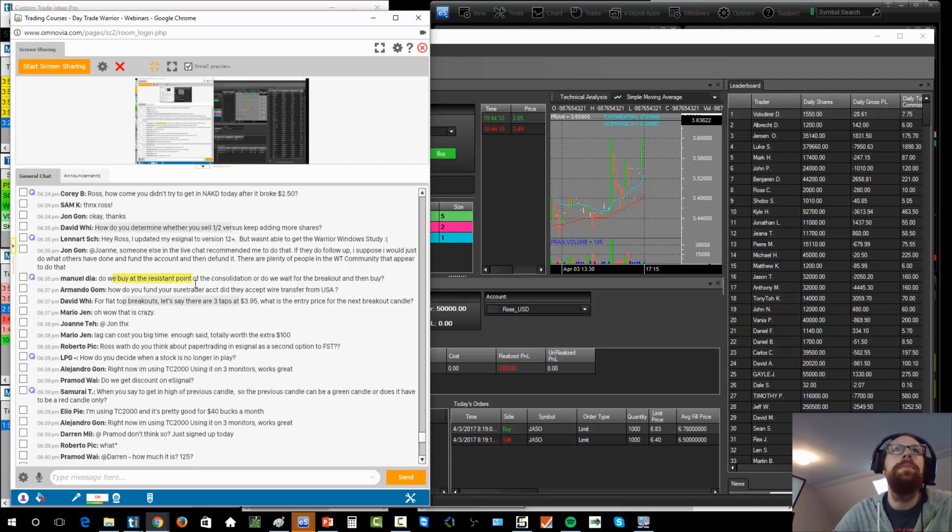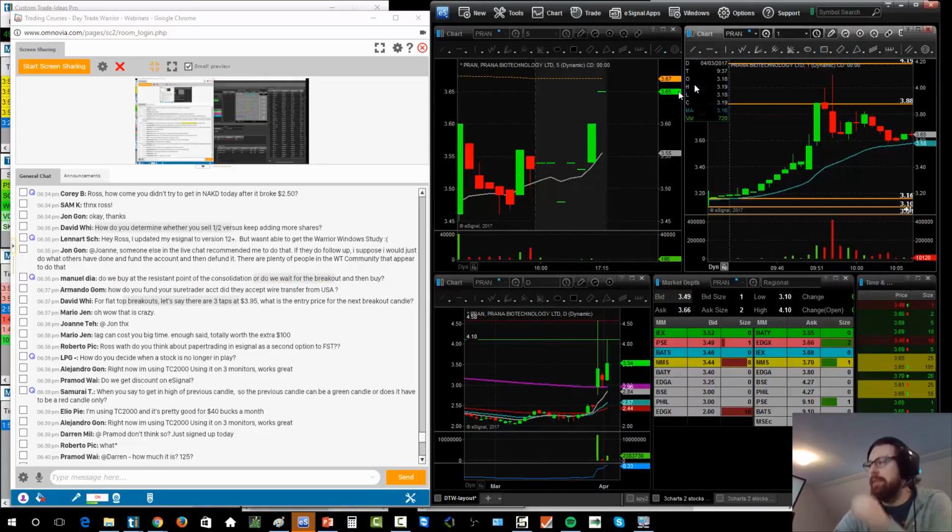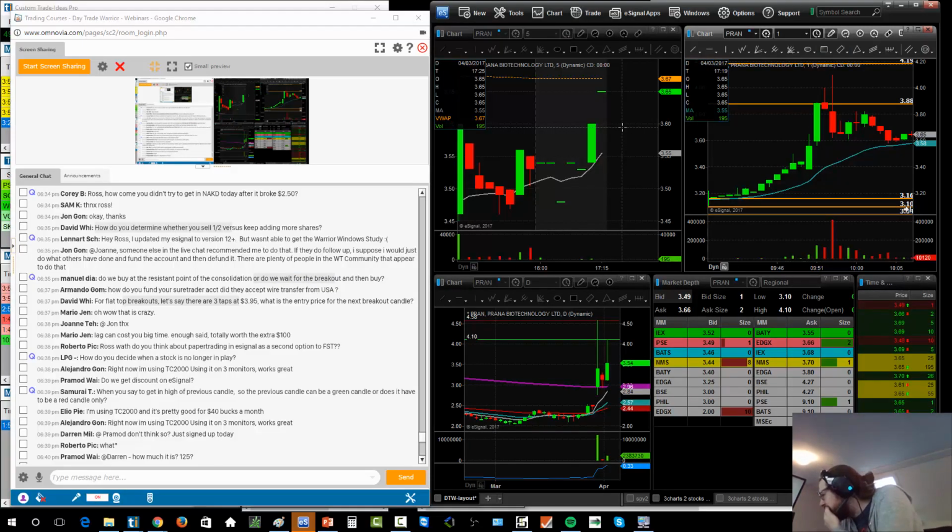Okay, so Manuel, do we buy at the resistance point of consolidation, or do we wait for the breakout and then buy? I buy at the resistance point. So if I'm looking at a trade, I'm trying to think of a really good 5-minute setup that we've had recently. It's been a lot of 1-minute pullbacks.